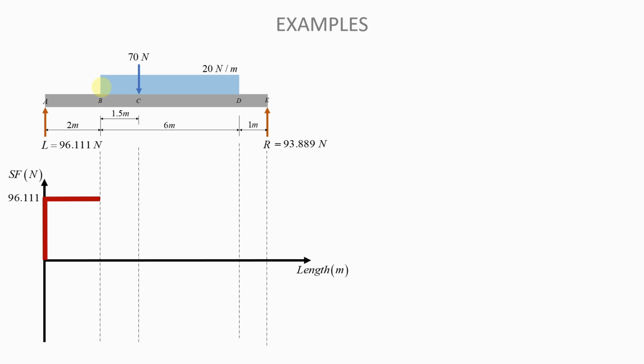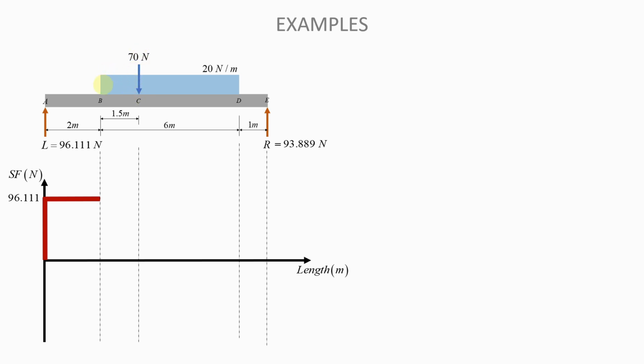Now, at this point, I need you to pay close attention. If you look at this UDL, you will see that you have a force that is acting right in the middle of the UDL. And when you have a situation like that, you need to look at this UDL in segments. So the first segment of the UDL that you're going to focus on is this segment that goes from the beginning of the UDL to the 70 Newton force.